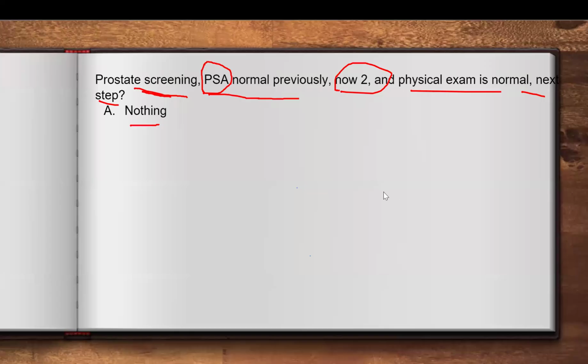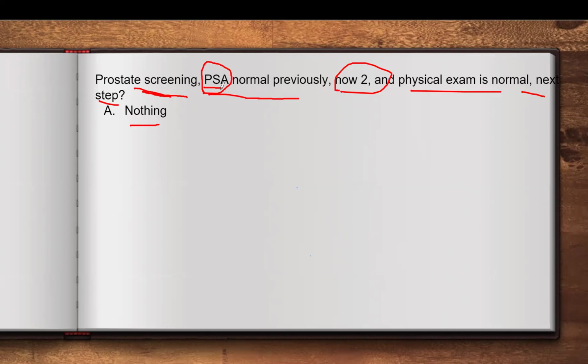So I am saying that prostate cancer screening is done by prostate specific antigen, the blood test. PSA is done in patients who themselves give an informed consent.